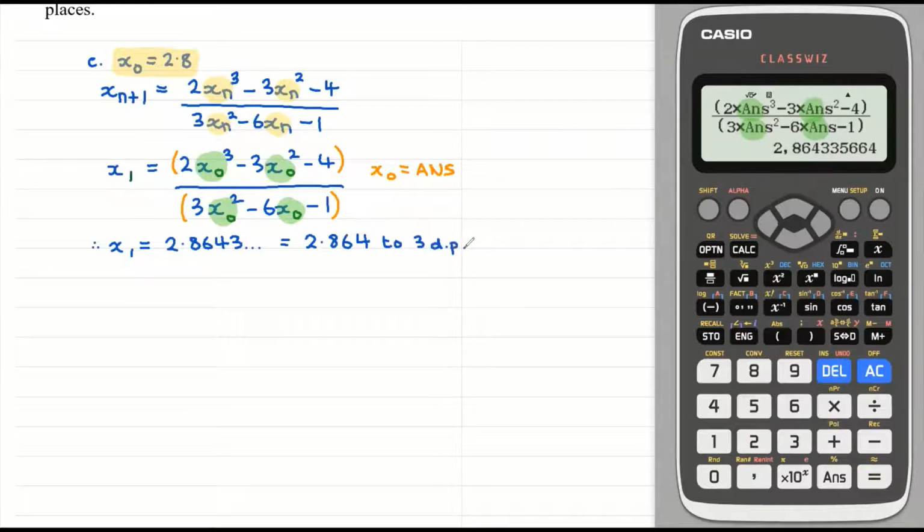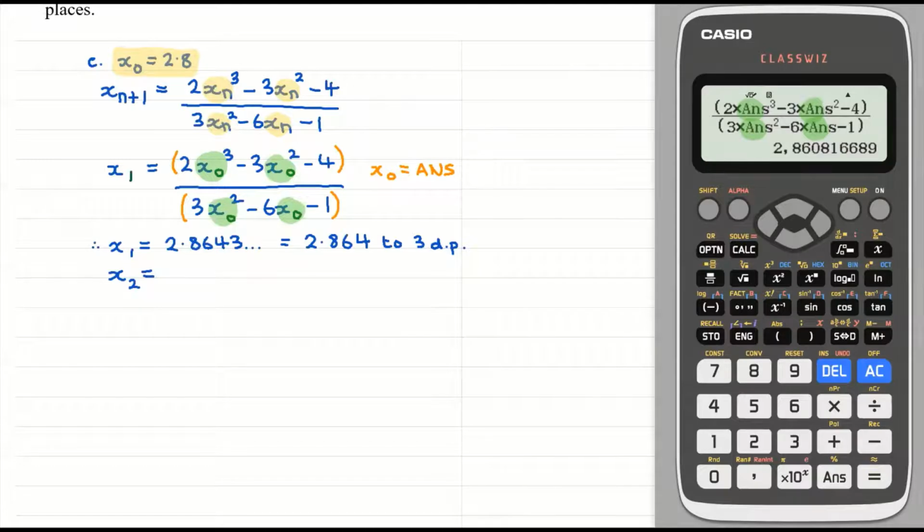Okay, and then all we have to do for the next iteration is just press the answer key again. So very subtle change. It must have been pretty close.